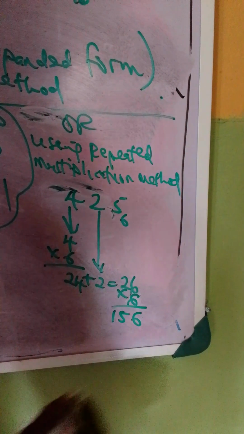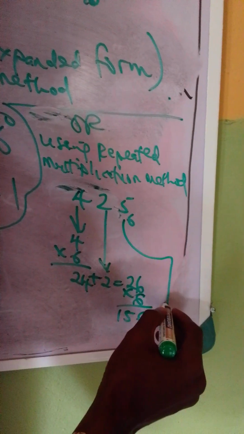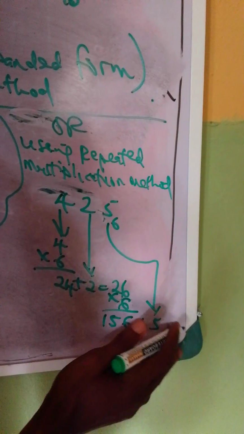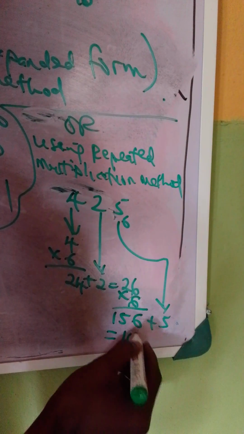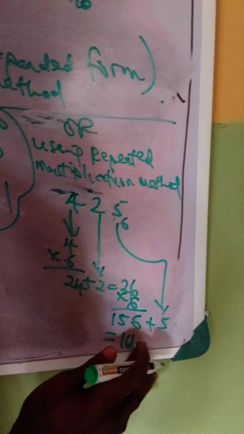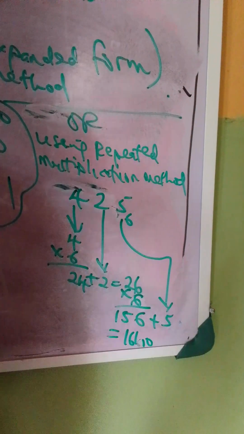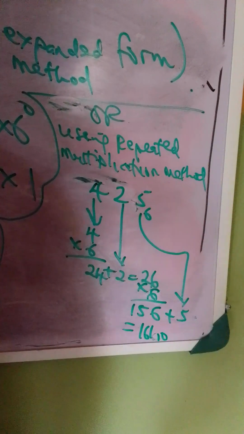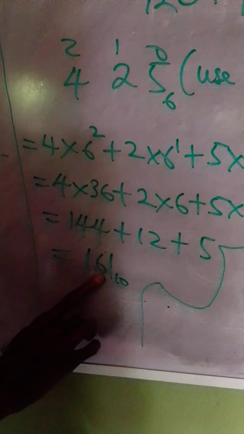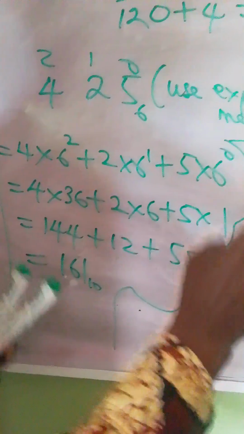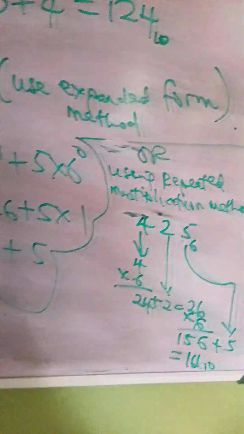That's 156. Then bring down 5 and add. That will give us 161 in base 10. Alright, so 156 plus 5 is 161. That's exactly what I got here. So you can either use the expanded form method or the repeated multiplication method to convert from other bases to base 10.